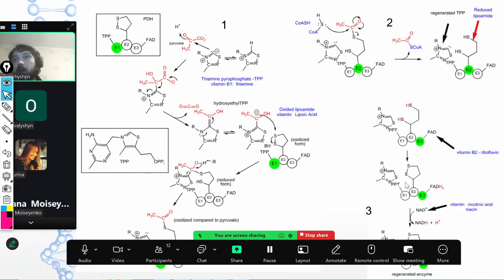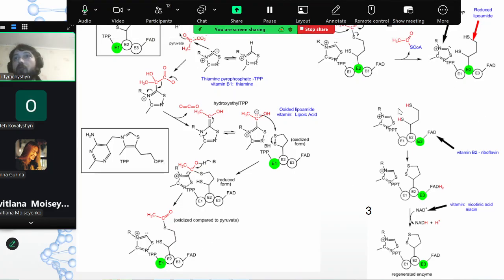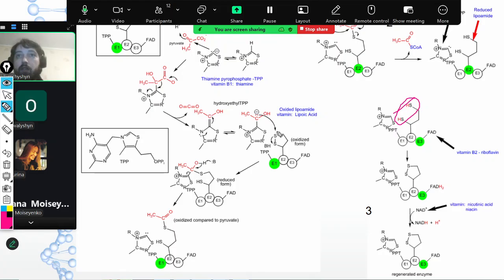And here you have just a few steps that restore things as they were before we started the reaction. So you see that here we have no bond, so this bond was broken. So here was this bond, and we broke that bond. And now we are using FAD that is covalently attached to E3.